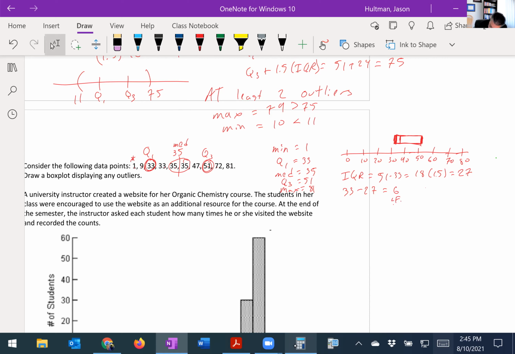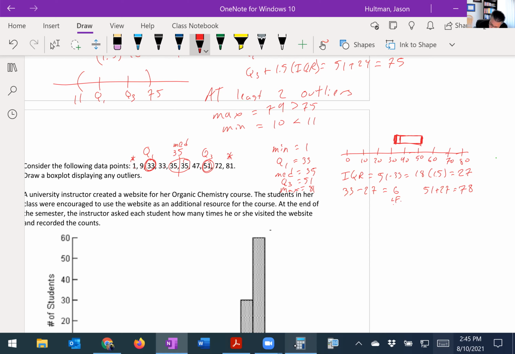And then what about 51 plus 27? That's 78. Were there any values above 78? Yes, and that's 81. So I'm going to star that guy. He's going to be an outlier.